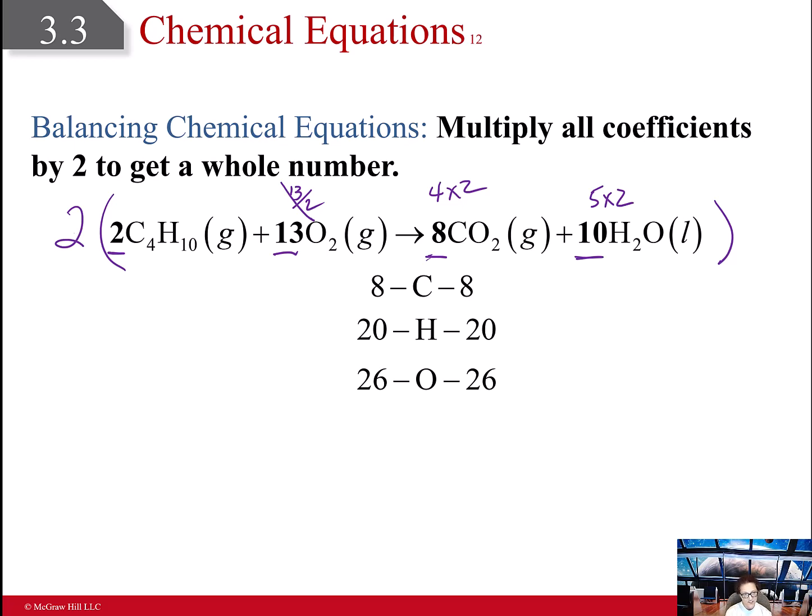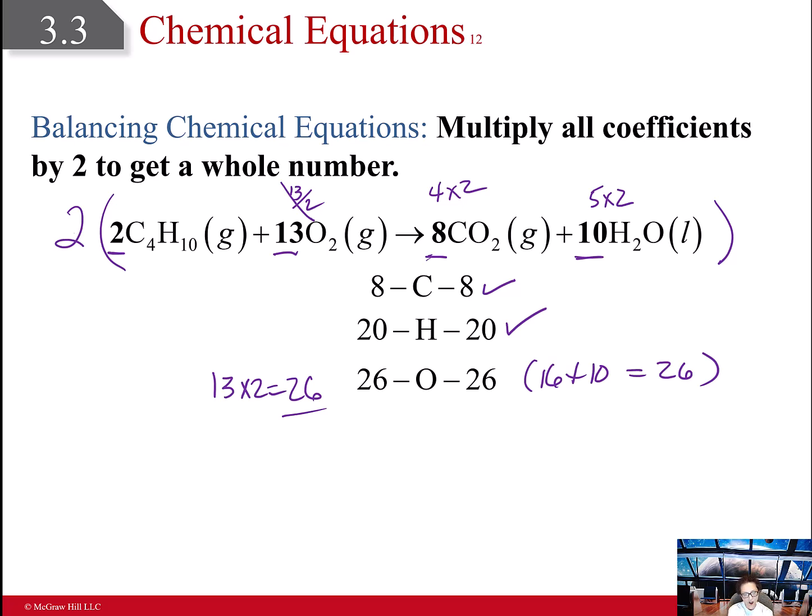Now I go back and check it to make sure it's right, and indeed I have 8 carbons on each side. I have 20 hydrogens, and I have 16 plus 10 equals 26 oxygens on both sides. All right, so it's balanced.